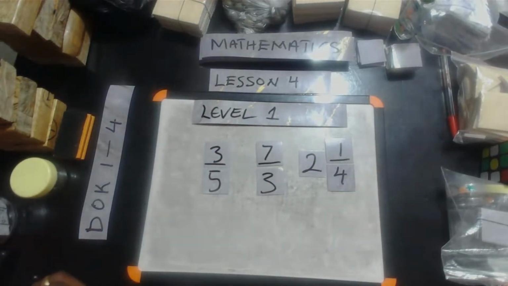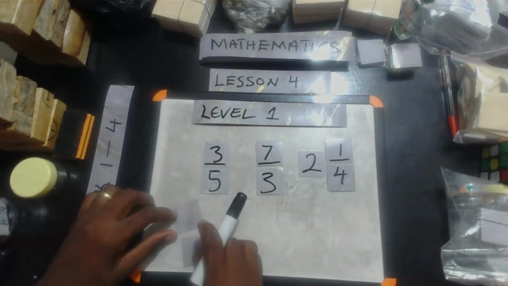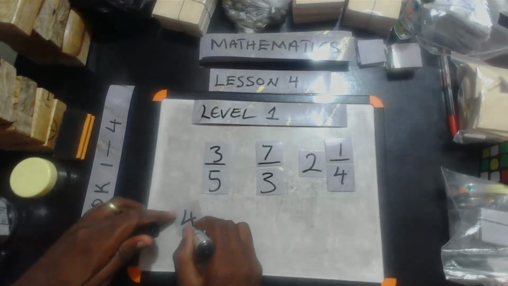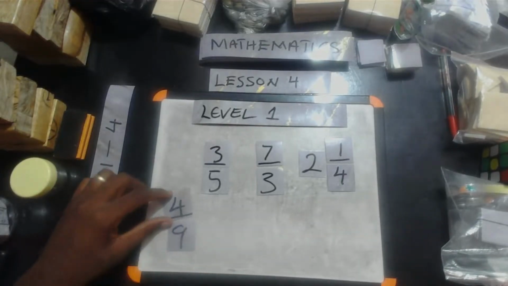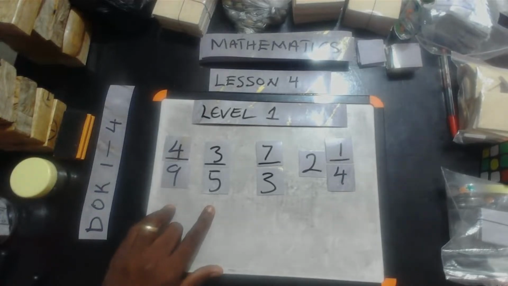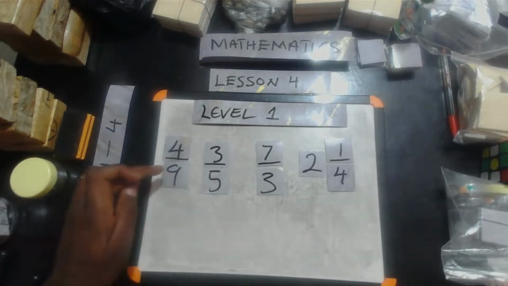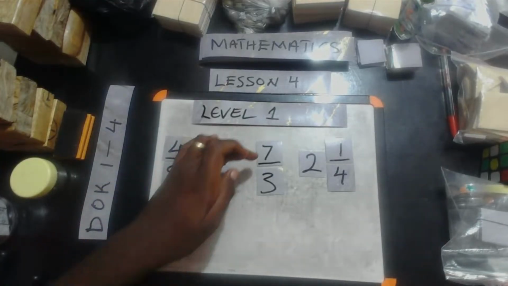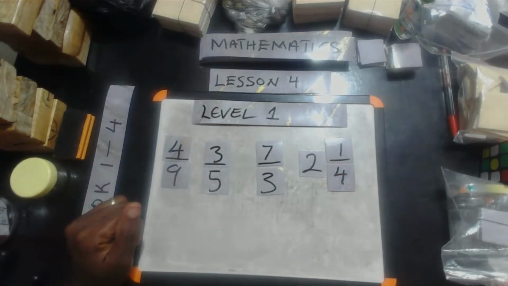We can also look at another version of a fraction, simply put, just 4 over 9. So obviously these two are proper fractions, because the denominators are bigger. This is an improper fraction because the numerator is bigger, and you have the mixed fraction set.